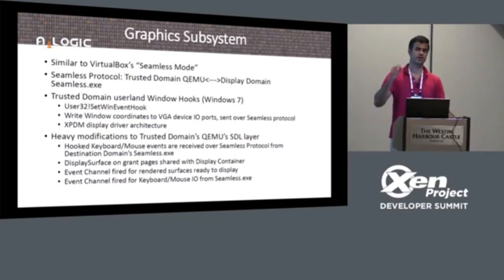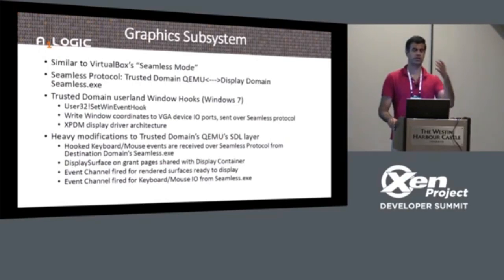And we are reading input from the display domain's seamless.exe for the mouse and keyboard events. And every time something happens, there's an event channel that's fired, which would be the protocol event channel for the mouse and keyboard events.